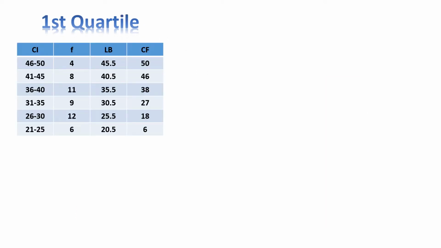Okay, let's have our first example. We need to look for the first quartile. So sabi natin sa step 1, you prepare your table of frequency. Step 2, hanapin natin yung position ng ating first quartile. To look for the position of the first quartile, Q sub 1 is equal to 1 times 50 divided by 4, which is equal to 12.5.